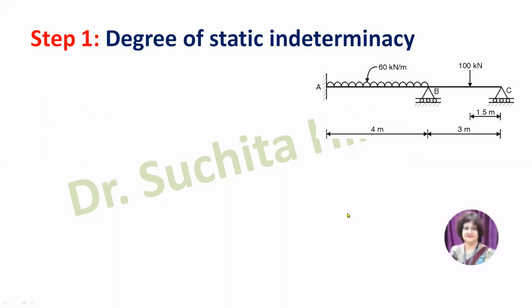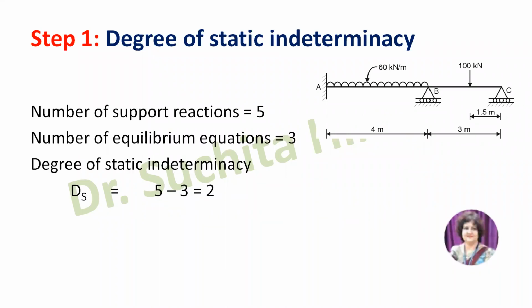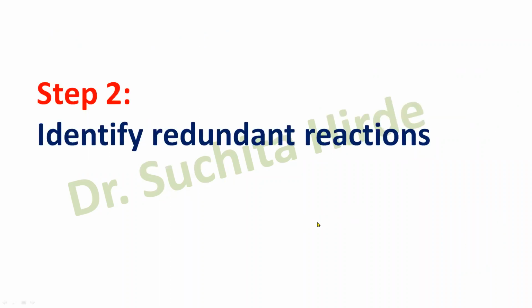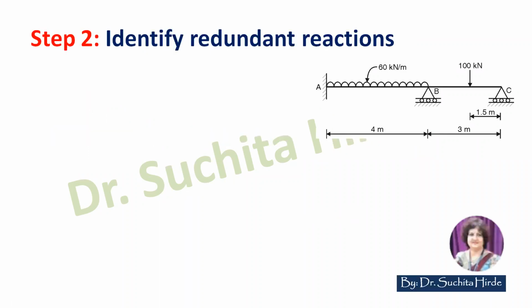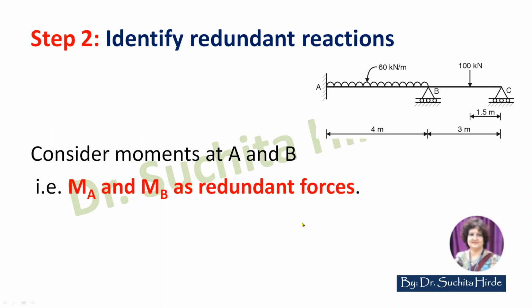As you know that we calculate degree of static indeterminacy, which is equal to number of support reactions minus number of equilibrium equations. So in this case, degree of static indeterminacy is 2. Step number 2 is to identify redundant reactions. So in this case, we are going to consider moment at A and B, that is MA and MB, as redundant forces.